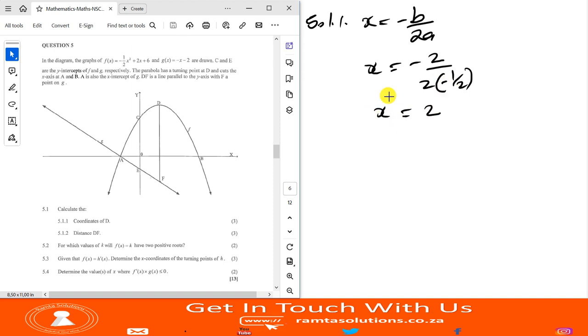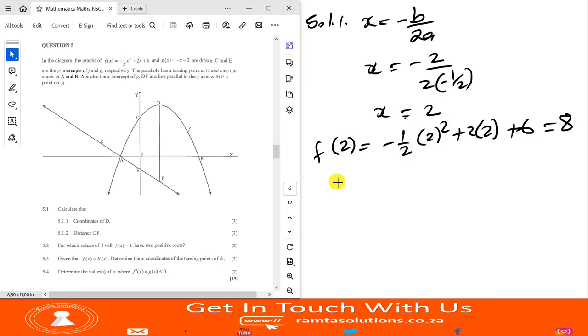Now we substitute this x value into f of x. So f of 2 is equal to negative half into 2 squared plus 2 plus 6. This is 10 minus 2. It looks like 8.